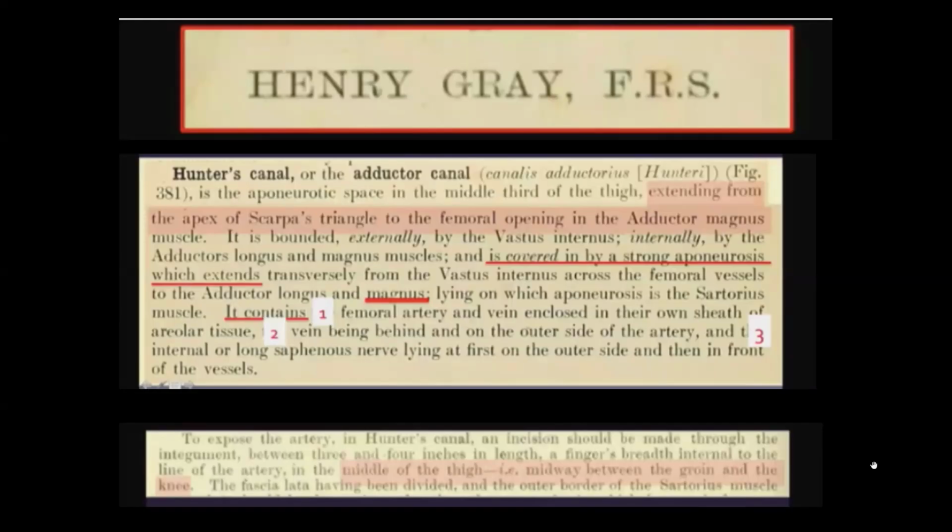It's bounded externally by the vastus internus, internally by the adductor longus and magnus muscles, and is covered by a strong aponeurosis which extends transversely from the vastus internus across the femoral vessels to the adductor longus and magnus. Lying on the aponeurosis is the sartorius muscle. It contains the femoral artery, femoral vein, and the saphenous nerve.